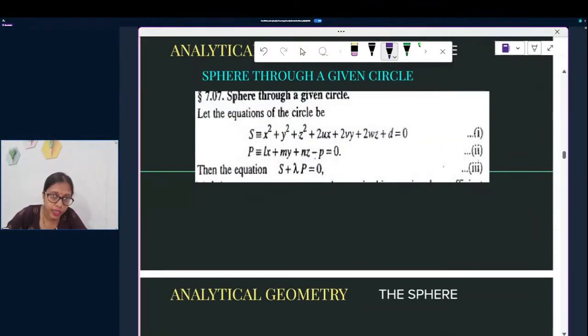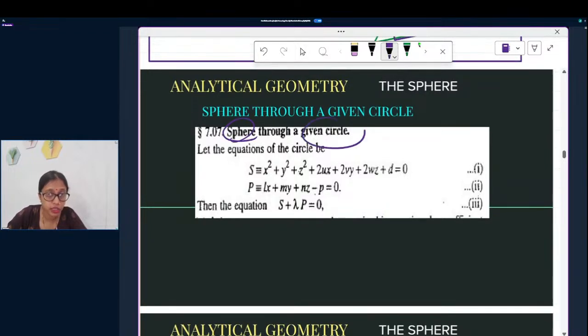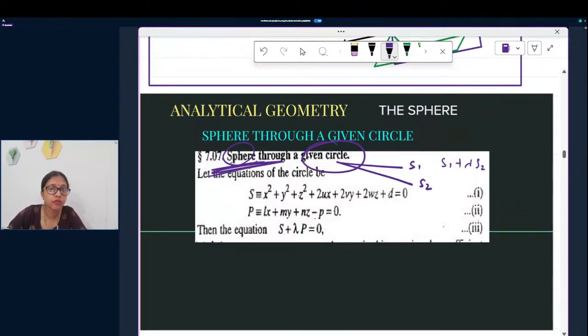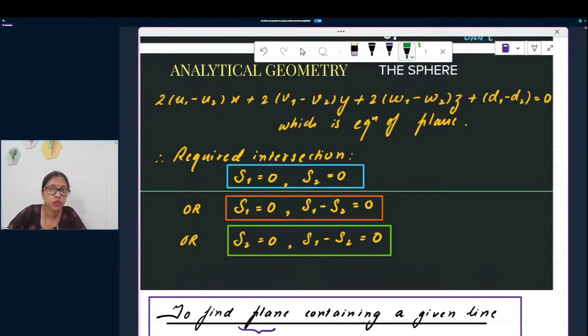I have to find a sphere through a given circle. But now if that given circle is already the intersection of two spheres, then what is a general sphere passing through that circle? It will be S1 plus lambda times S2. If that given circle is the intersection of two spheres, then it is fine.